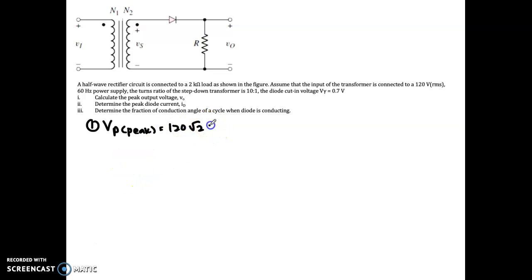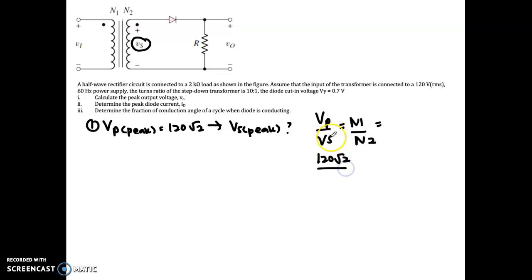So how are you going to find V secondary peak? You need to use this formula: Vp over Vs equal N1 divided by N2. So what is your Vp? 120 square root 2, divided by your secondary peak, which you don't know, right?